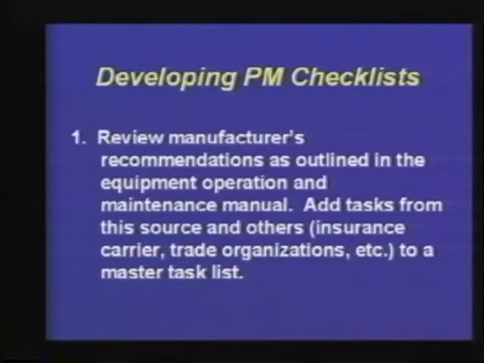So what we're trying to do here on page 16 is to indicate that item 1 would be the OEM's PM recommendations. That is the beautiful starting point. But if you don't have that information, then you're going to have to look at steps 2 through 5.